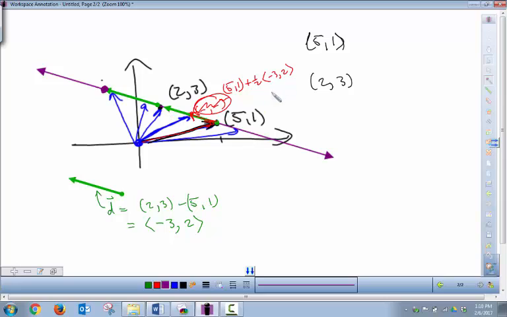Okay, but if I just want to use 5, 1, I'll be 5, 1 plus 5, 1 plus minus 3, 2. But I'm doing twice as long, right? So it'll be twice as long.